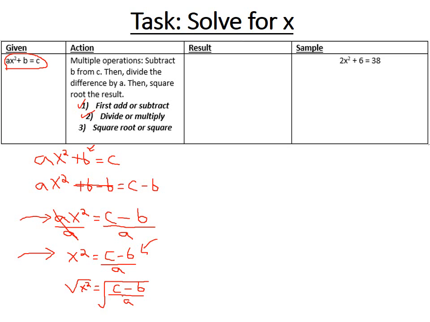And so our end result is going to be square root of x squared is x is equal to c minus b over a, and then the square root of that.